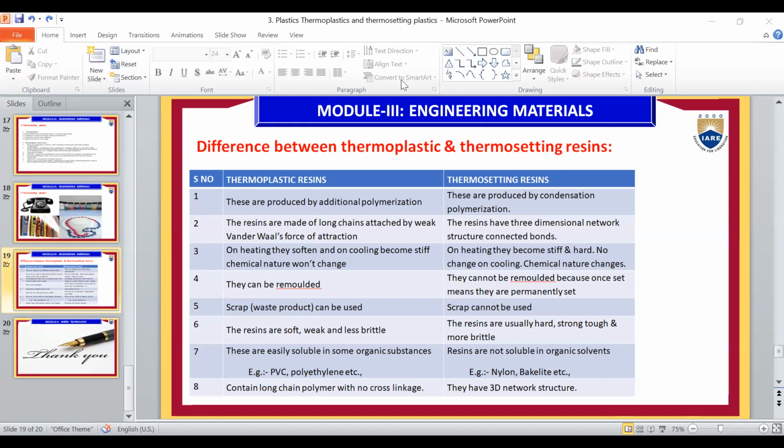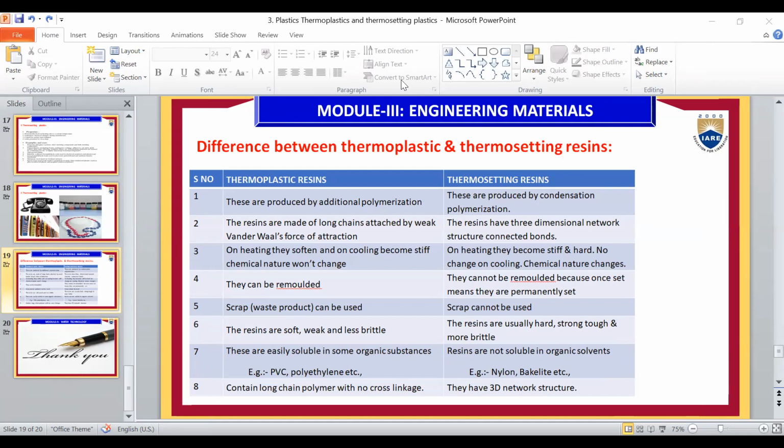On heating, thermoplastic resins soften and on cooling become stiff, and their chemical nature doesn't change. Whereas thermosetting resins become stiff and hard on heating, and they won't change on cooling; the chemical nature changes.